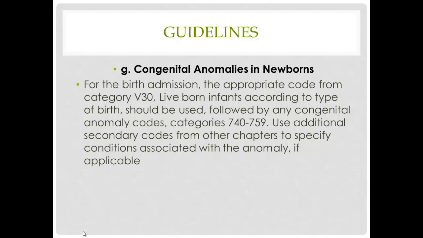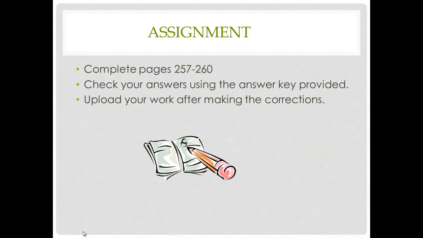On this slide, we have congenital anomalies in newborns. The guideline states for the birth admission, the appropriate code should come from V30, live-born infants according to the type of birth, followed by the anomaly. So again, we would still code the birth and then the anomaly.